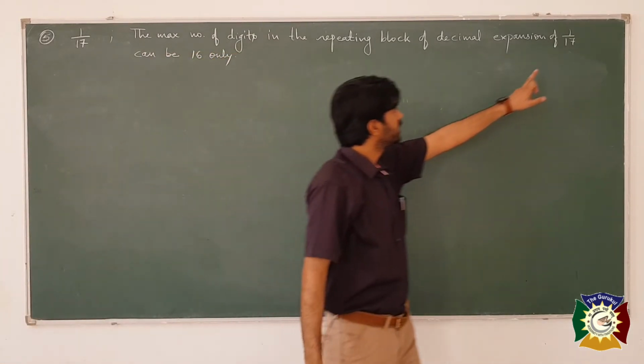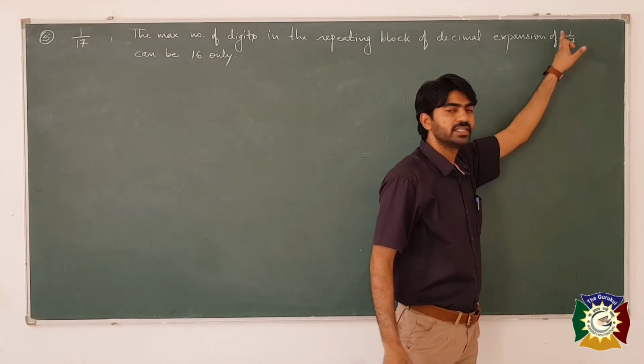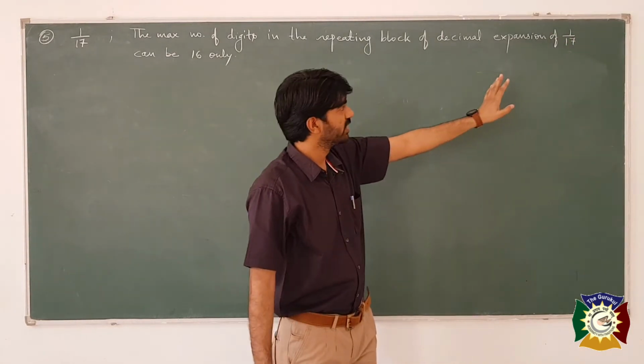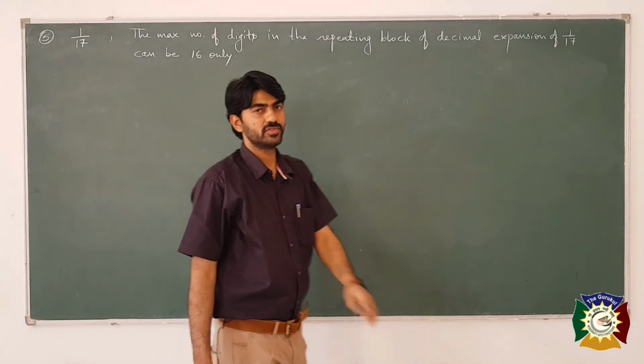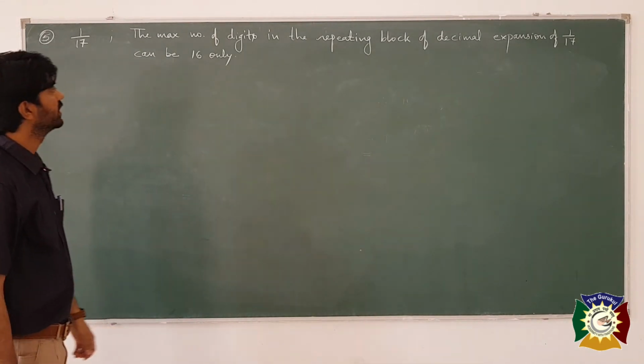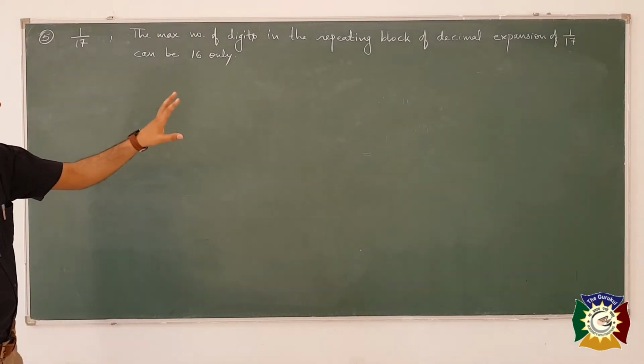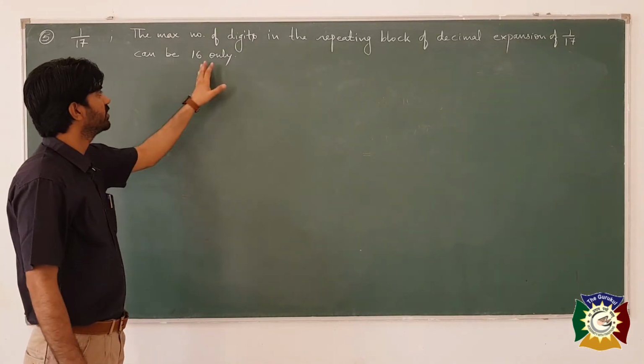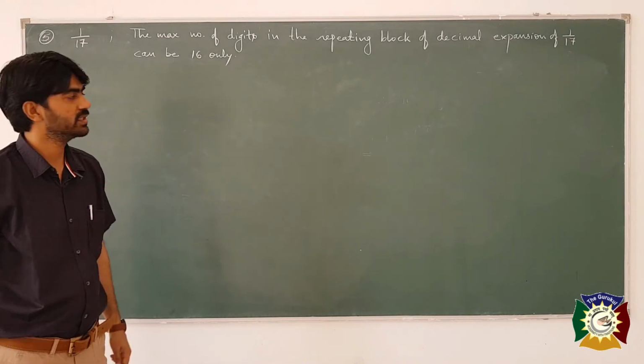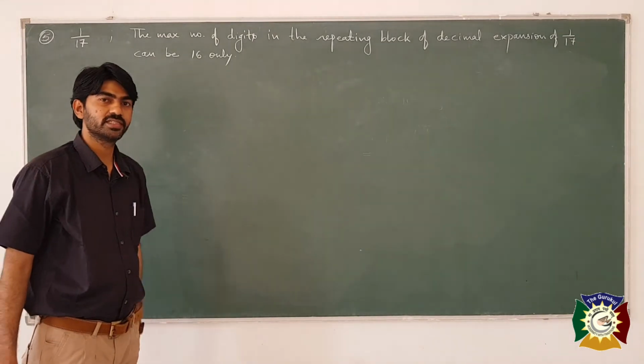It means it should always be less than the divisor. So maximum it can be 16, not more than that. So now we have to verify it.